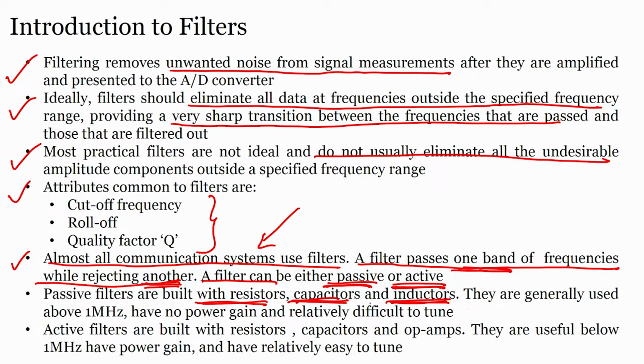They are generally used above 1 megahertz, have no power gain and are relatively difficult to tune. Okay. Which one? We are talking about passive filters. Passive filters are built with resistors, capacitors, inductors, generally used above 1 megahertz, with no power gain and relative difficulty to tune.